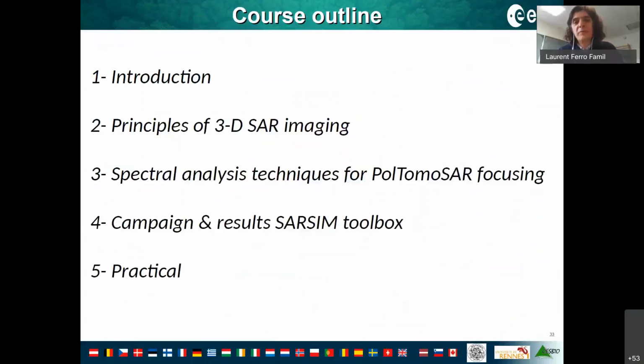So the outline of the course is the following. I have now finished with the introduction. I let you with Stefano, who will show you the principle of 3D SAR imaging. Then I will come back to present spectral analysis techniques, how you can use methods analogous to the discrete Fourier transform in order to recreate your volume. And then we will have a lunch break, I think.